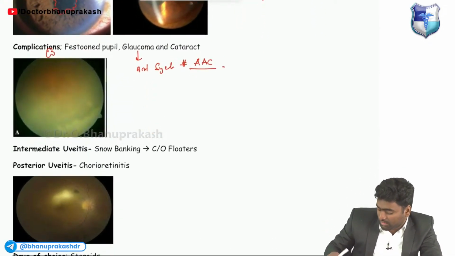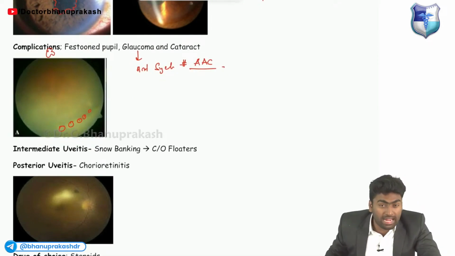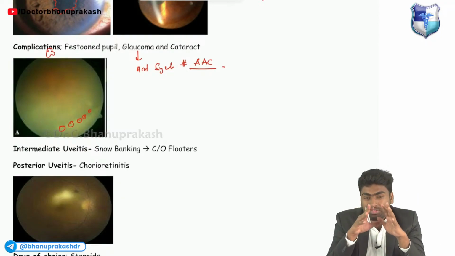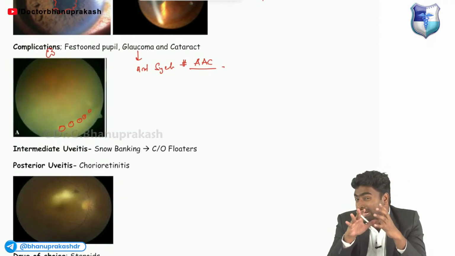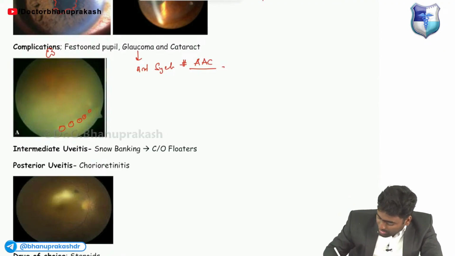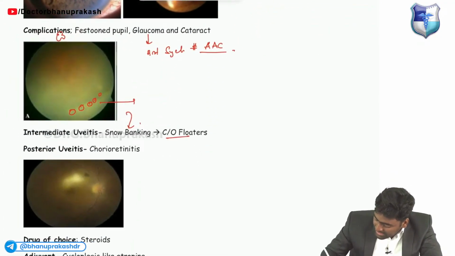Then in intermediate uveitis, there is involvement of the pars plana, so it is pars planitis and vitritis. Once there is involvement of the vitreous, it leads to haziness and causes an appearance known as snowbanking, and this presents as floaters.